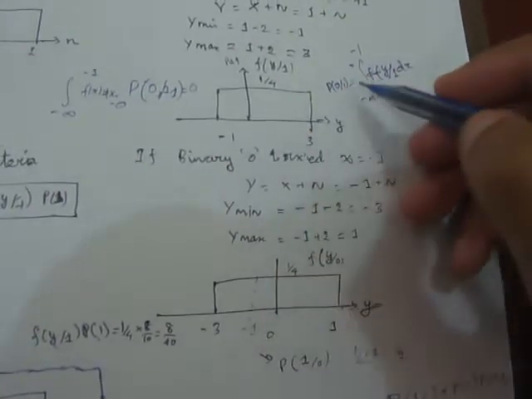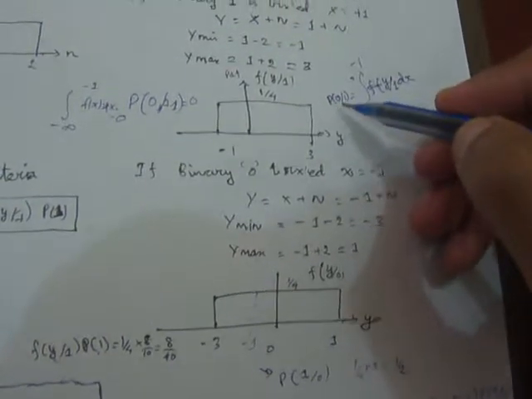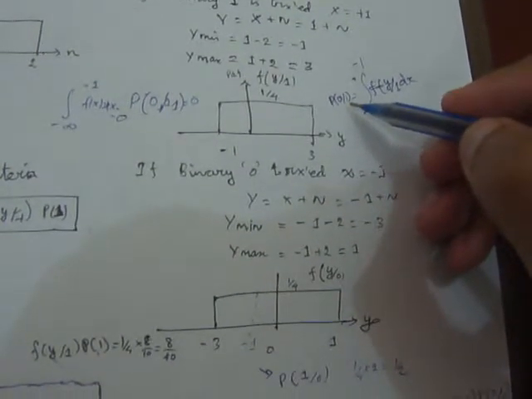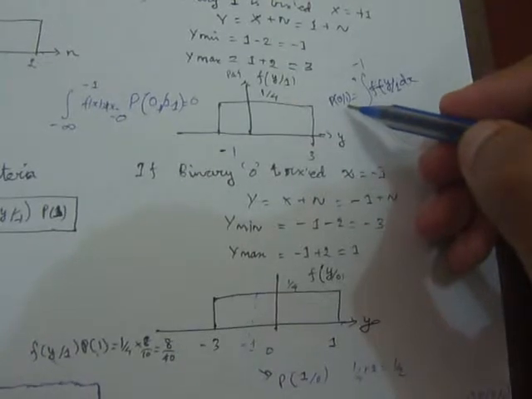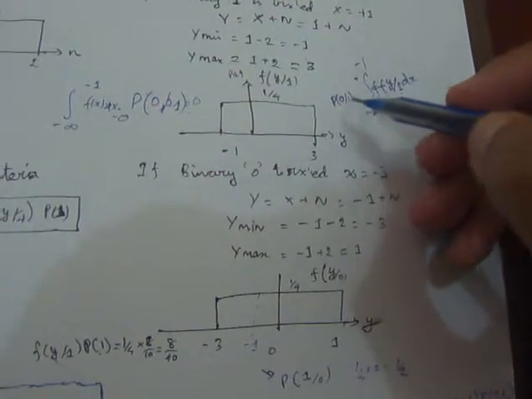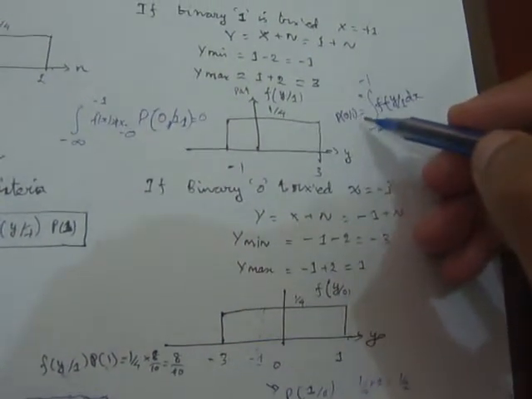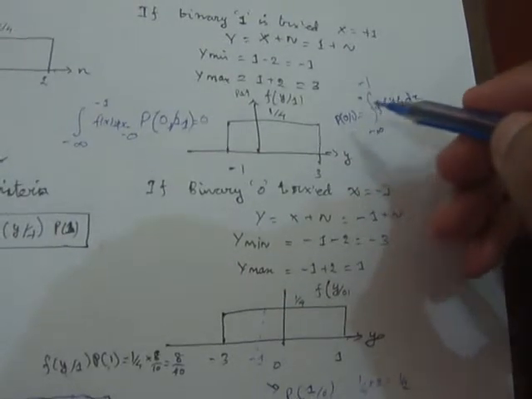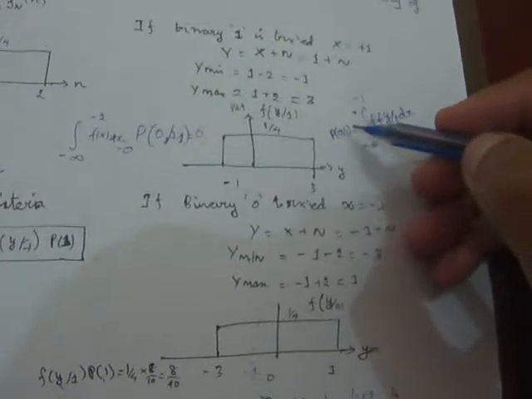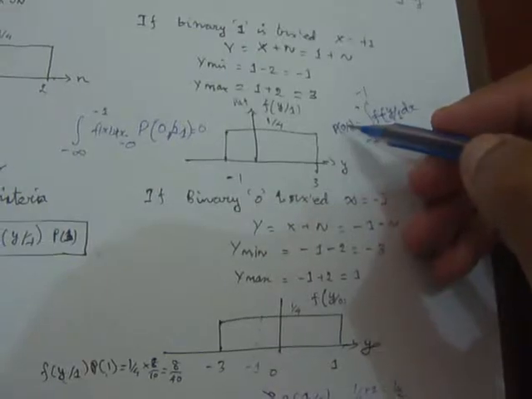So here 1 is transmitted. This is the probability that 1 is transmitted to receive 0. This is the probability that when we are transmitting 1, we are receiving a 0 value.